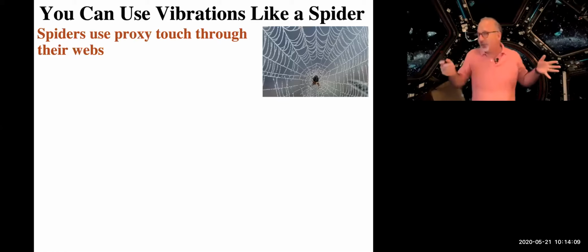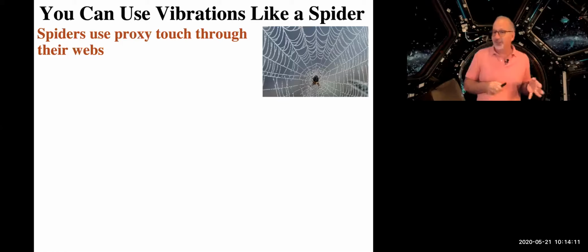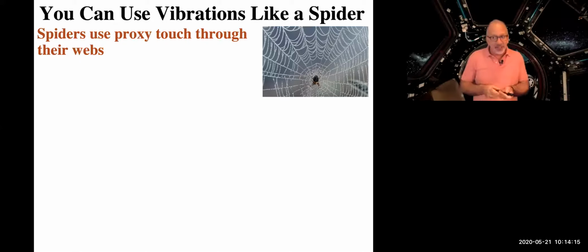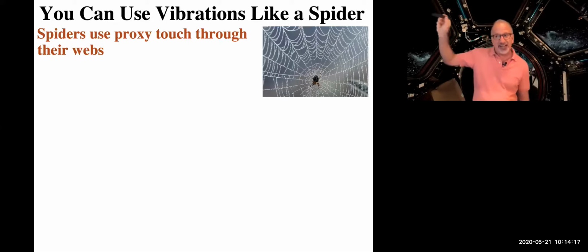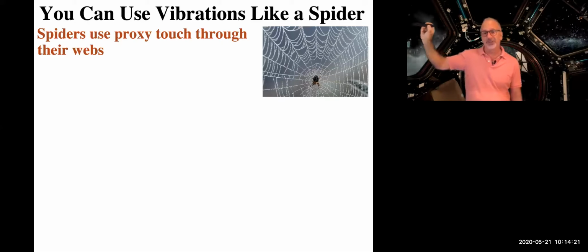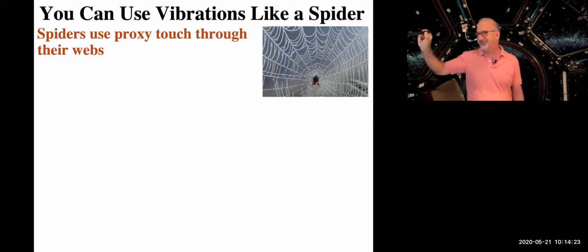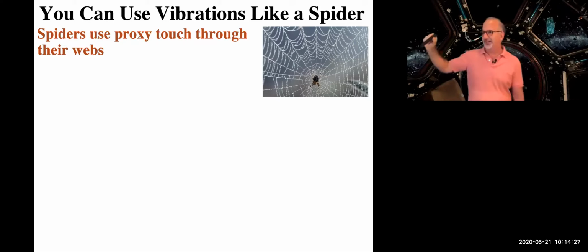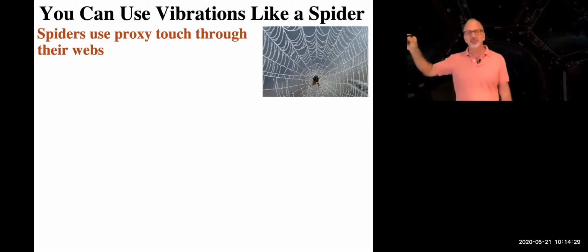And maybe when you were a kid, you played with this a little bit. If you saw a nice web with a big, hefty spider in it, maybe you put your finger on the side of the web and jiggled it a little bit to see if the spider would believe you were a fly and come after it. It often does work, especially if they're really hungry. And I think it works better in the dark sometimes.